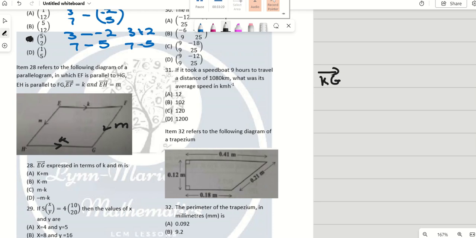Your starting point here is E. So E to F plus F to G. E to F is K, plus F to G is in the same direction, so we don't have to do any negative. It is K plus M. So your answer would be E.